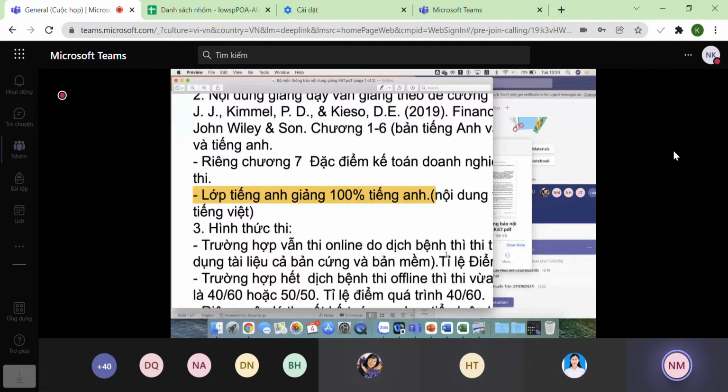So our program is in English. The school asked us to use English in class 100%. So we need to try, in class and also for the exam, for everything in English, except the break time.